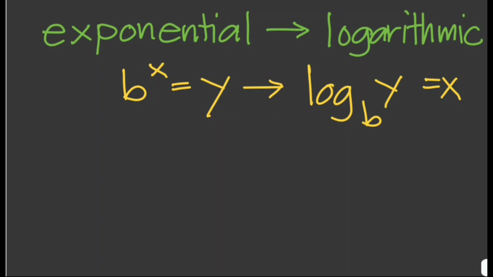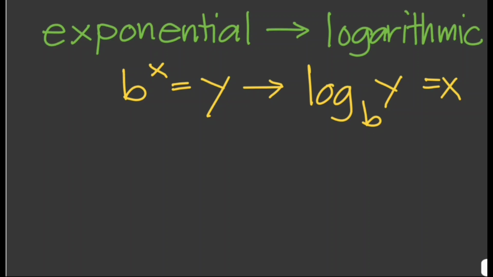Now, how do we convert an exponential equation to its logarithmic form? To convert an exponential equation to its logarithmic form, the general rule is this. Let's say, for example, we're given b to the x equals y, then the logarithm of y to the base b equals x.